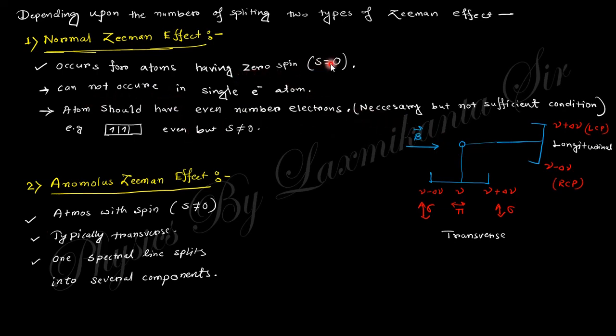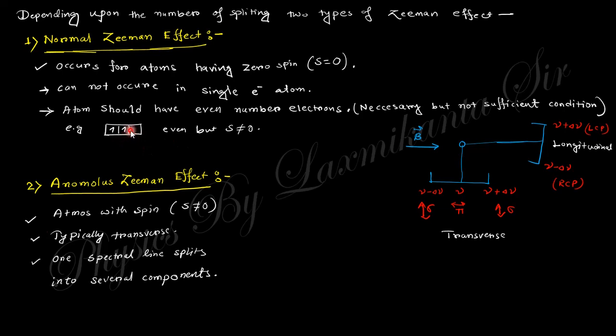If there is a single electron, there cannot be total spin 0, so a single electron cannot make the normal Zeeman effect. Clear? An even number of electrons is required, but this is not a sufficient condition, because if you have two electrons, the electron number is even, but the total spin is not 0. The spin is 1, with the same orientation.